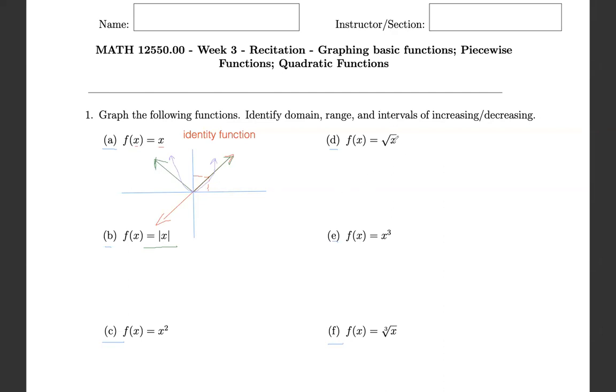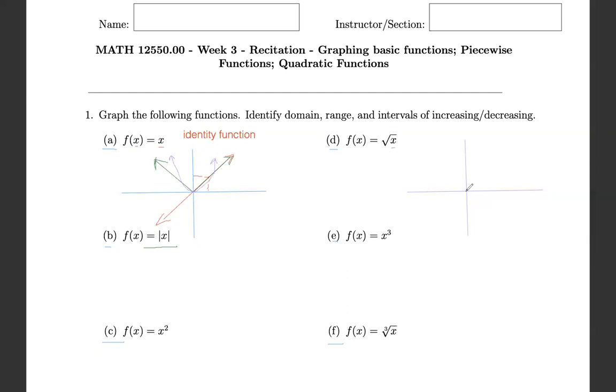The square root function. Oh, let me erase. Let me just make another graph. Right, that's our coordinates. Let me graph with blue color. So the domain of this function is x greater than or equal to 0. So x starts from 0. Looks like this.